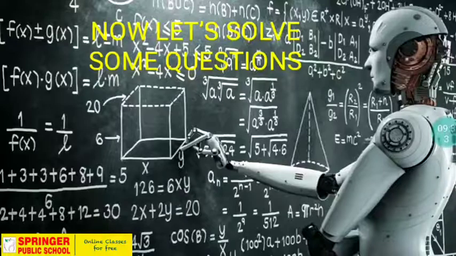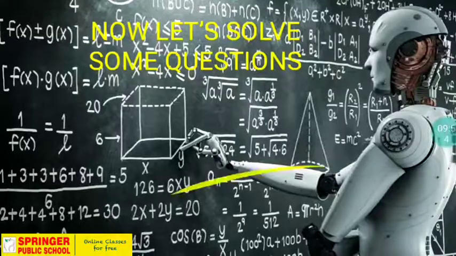I will be solving here 3 questions of different types, and based on these types you can solve a lot more questions from your textbook. And if you have any queries regarding those questions while you are solving, you must post your query in your WhatsApp group so that I can answer it as fast as possible.